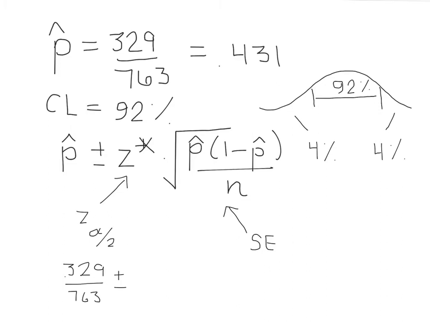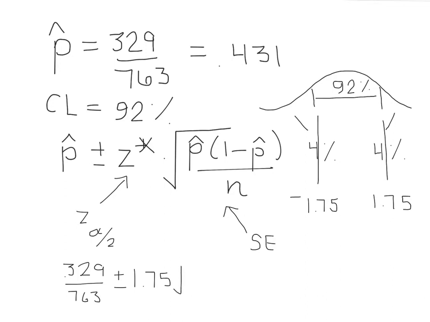What we'll find is this lower critical value has a z-score of negative 1.75. So that means that this upper critical value is the opposite, because they're the same distance from the center, because we're talking about the middle 92%. Therefore, that's our critical value, 1.75, positive and negative.